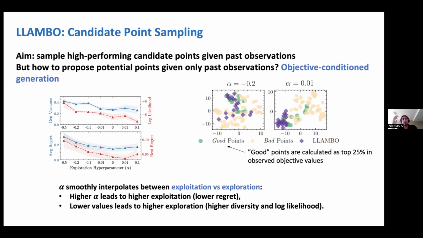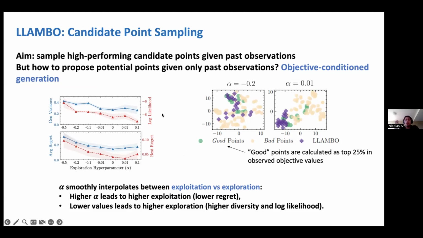So to see this a little bit more quantitatively, we have the left plot. On the axis, we have how we change the hyperparameter alpha, basically the exploration. On top, we have measures about generalized variance and log likelihood, and on the bottom, metrics about regret and best regret.